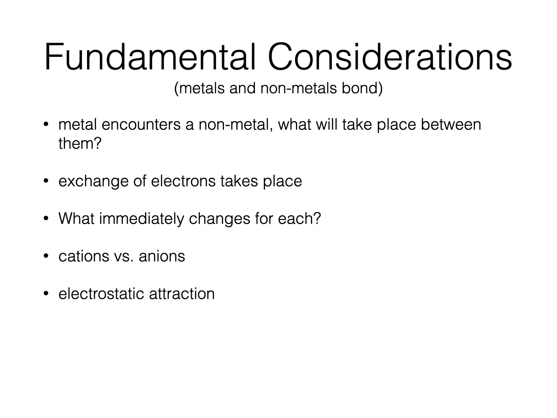The cation and the anion then, though they've achieved electronic stability, will be attracted to each other, and there will be an electrostatic attraction that holds the two ions together and essentially is the nature of an ionic bond. These are very strong bonds.